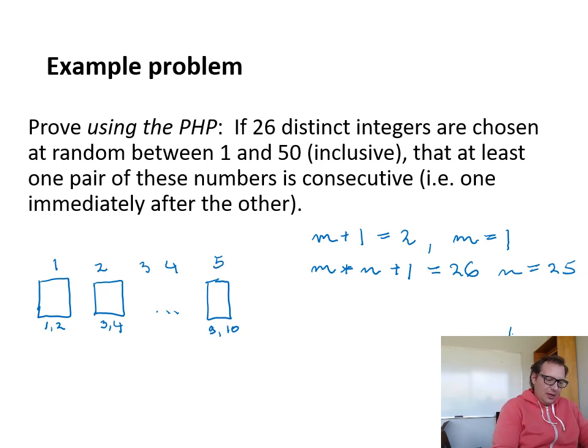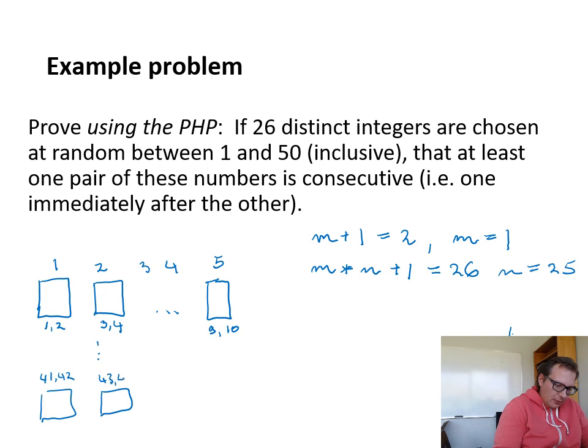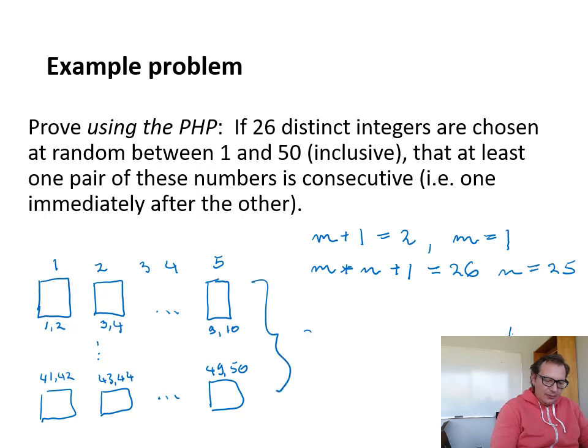And we are going to then keep doing this. We're going to have 41, 42 here, 43, 44, and so on, all the way to 49, 50. So there is 25 such boxes.